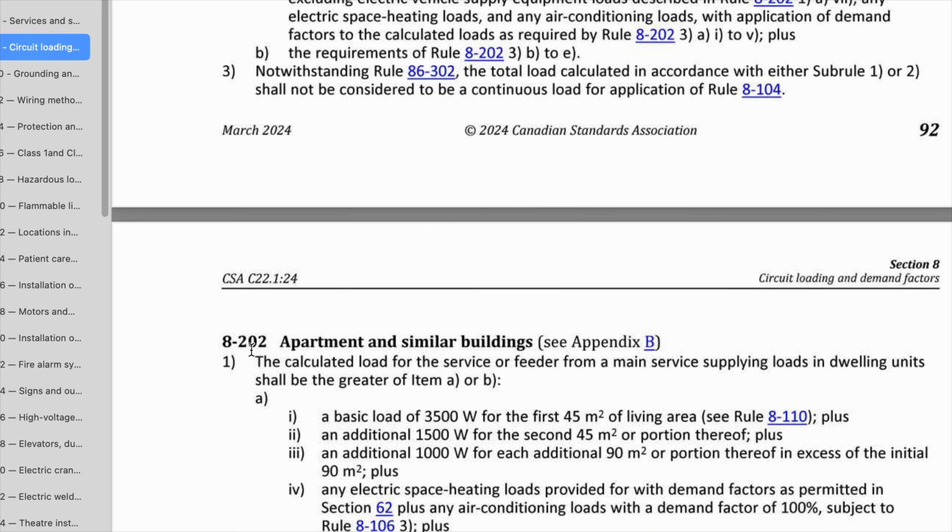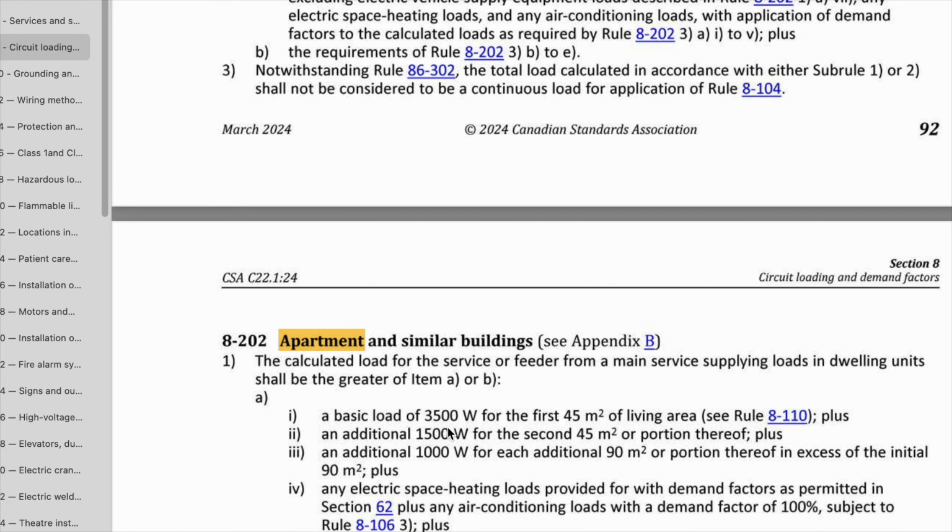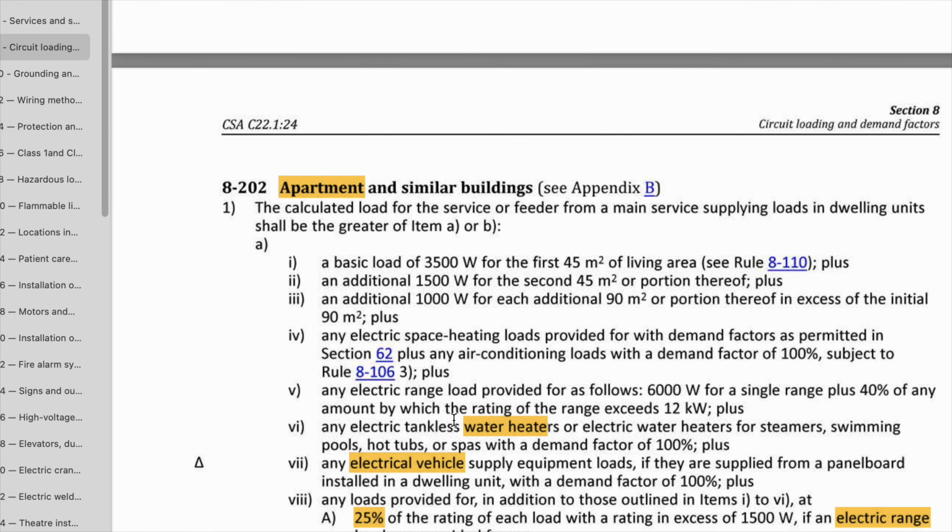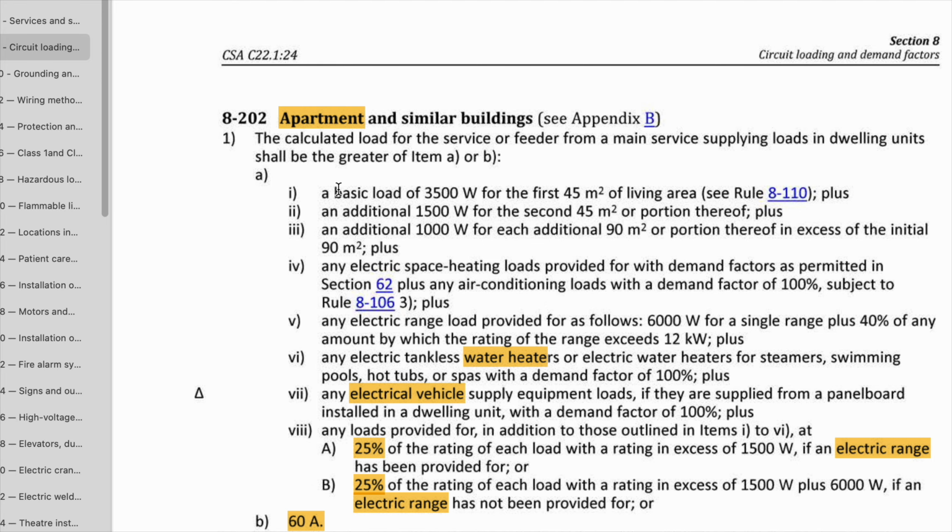And this one, rule 8-202, is for apartments: calculation of the load of the apartments. Which rule tells us about the basic load: 3,500 watt for the first 45 square meters, an additional 1,500 watt for the second 45 square meters, and 1,000 watt for each next 90 square meters.